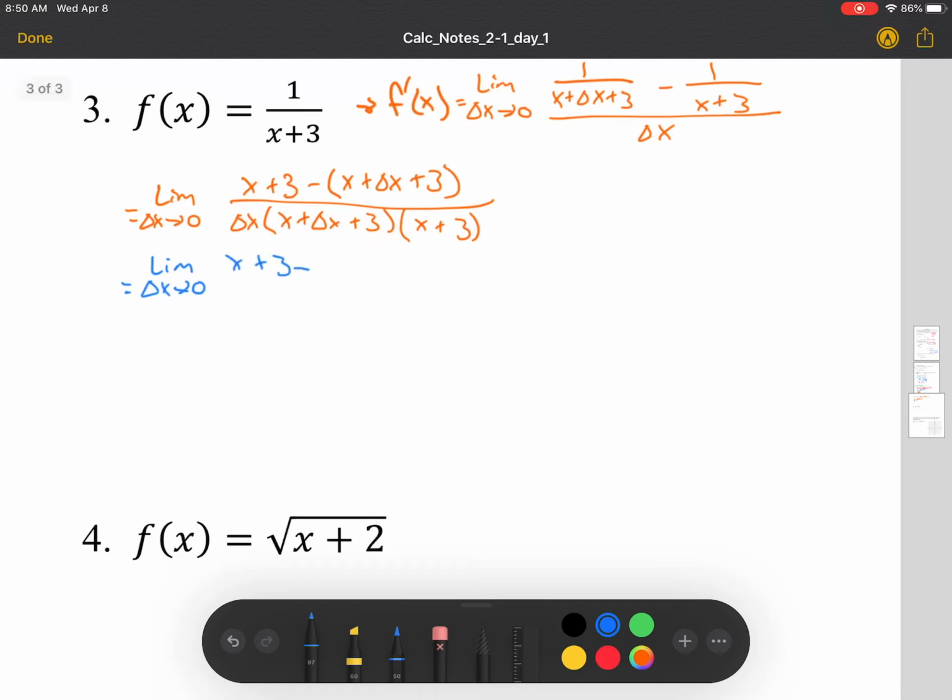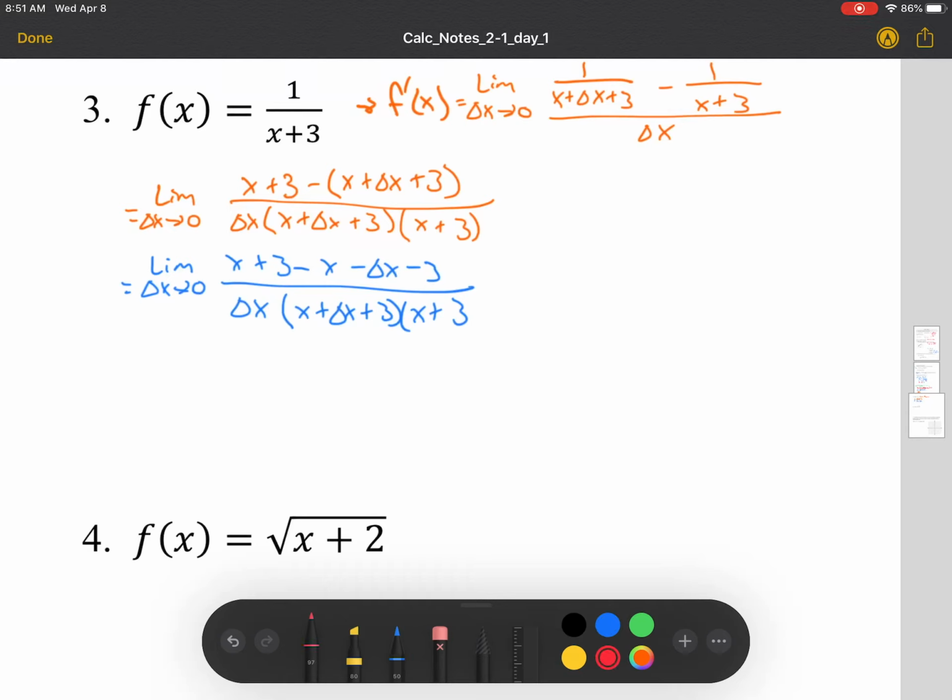It's going to be x plus 3 minus x minus delta x minus 3, all over delta x, plus delta x plus 3, x plus 3.